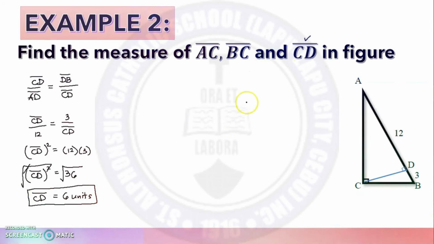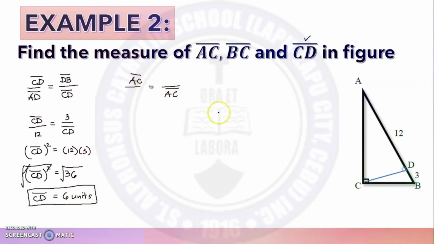So now let's proceed to AC and BC. Let's start with AC first. According to Corollary 2, the leg AC is the geometric mean. So we will write AC, class, in a proportion that they are opposite to each other. Okay?